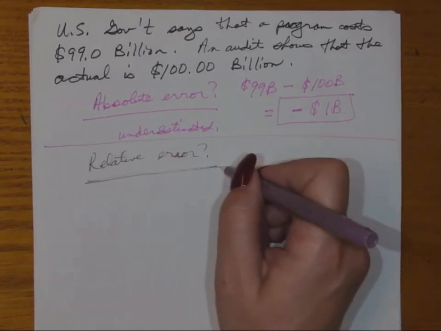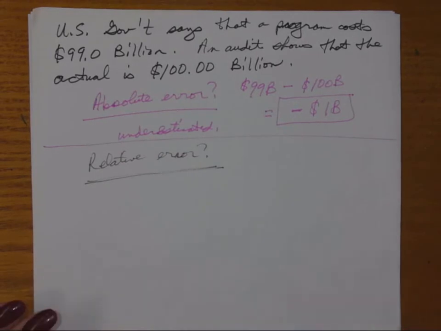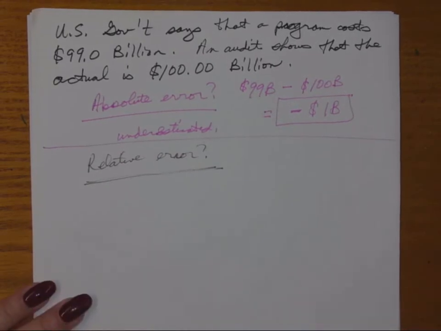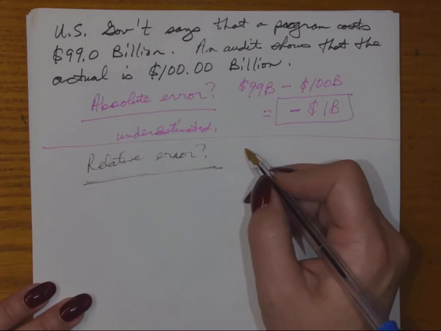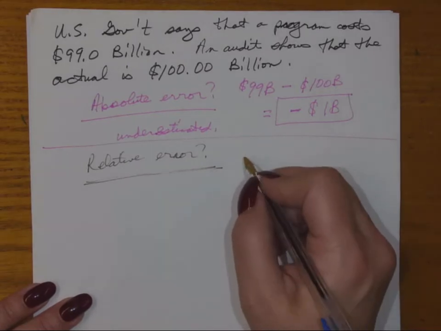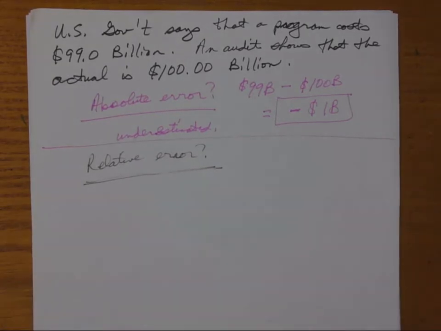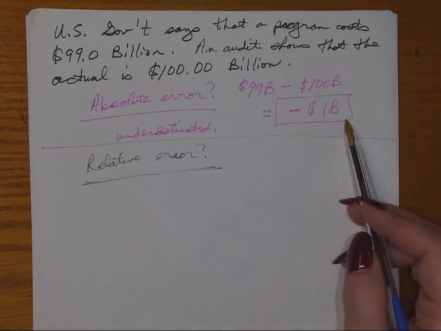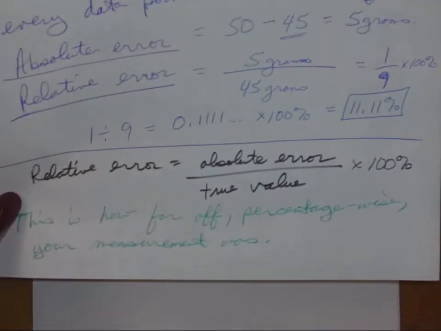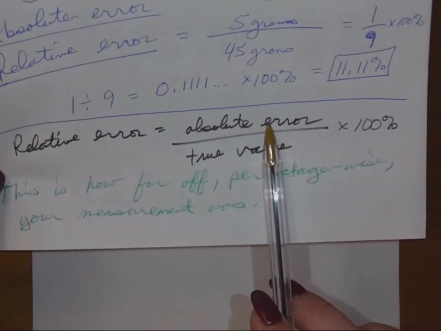Relative error. Okay. Well, let's figure out their relative error, shall we? In order to do the relative error, what we said was we're going to find that absolute error first, which we already did. We got it right there. We're going to put that on the top of a ratio or a fraction.